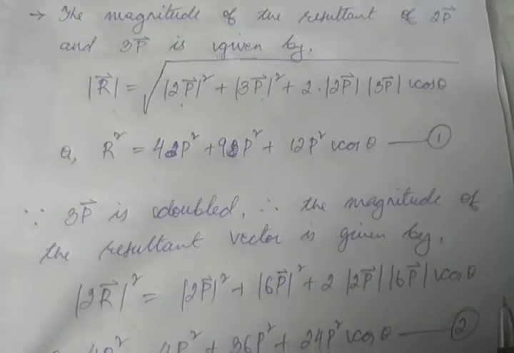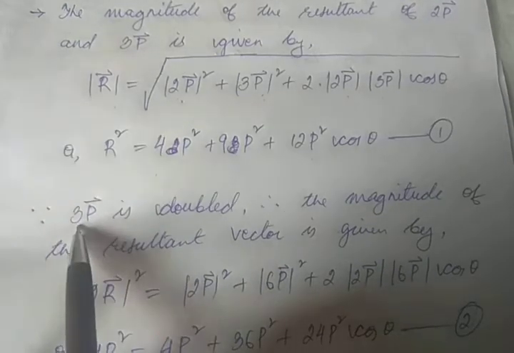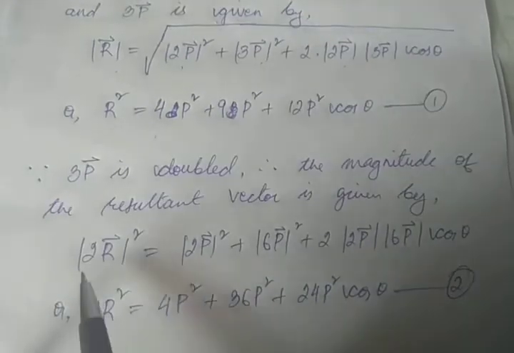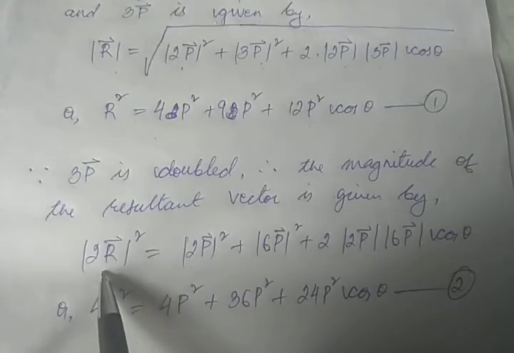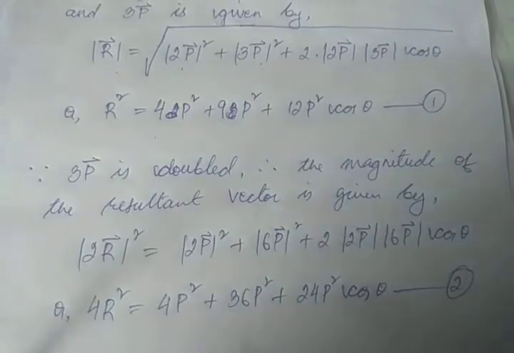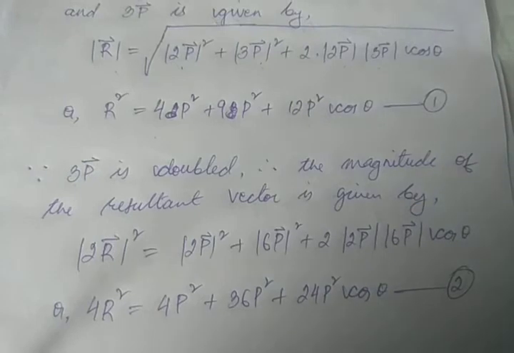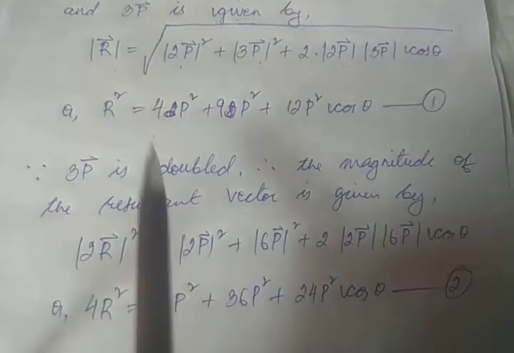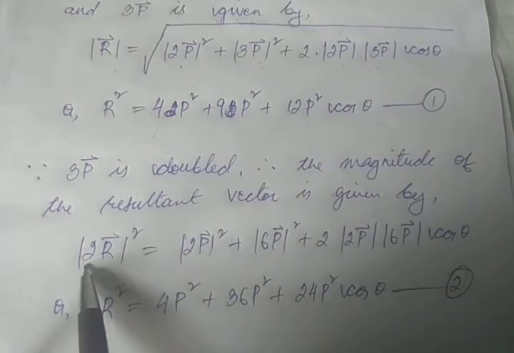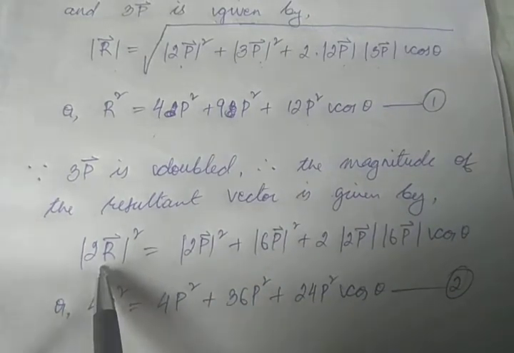Then case 2, that is after we double 3p. Since 3p is doubled, the magnitude of the resultant vector is 2r. I've straight away squared the general equation for resultant, which is r is square root of a squared plus b squared plus 2ab cos theta. I've squared both the sides straight away like this. So now the resultant is twice r according to the question.